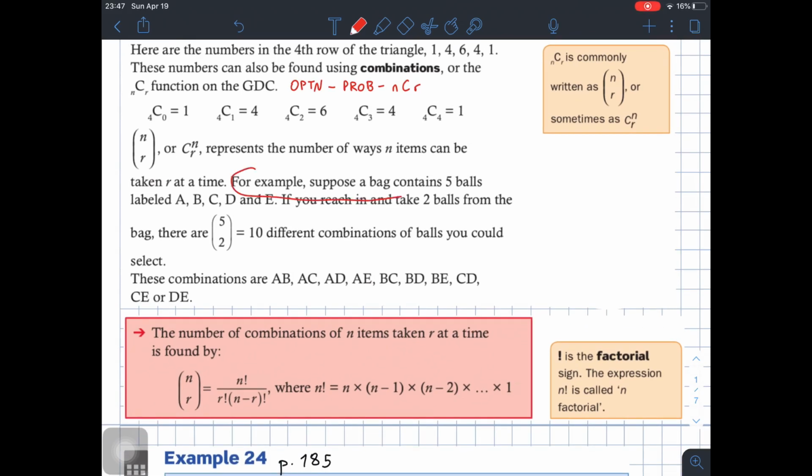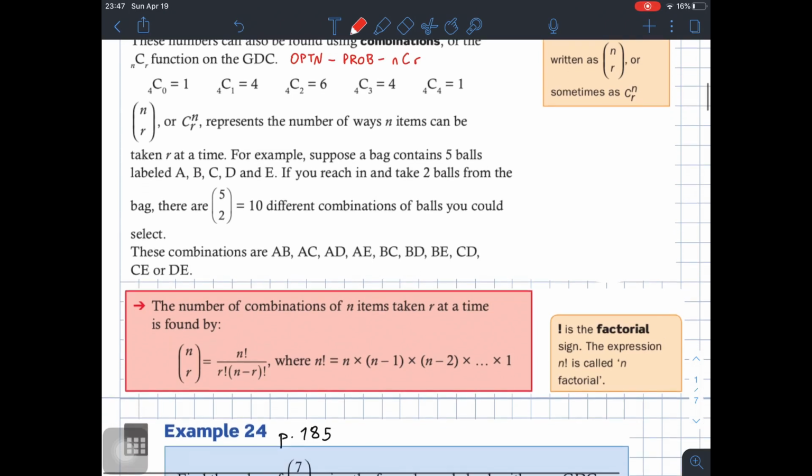It says, for example, suppose a bag contains 5 balls labeled A, B, C, D, and E. If you reach in and take 2 balls from the bag, there are 5 balls in total, and we're taking 2 balls from the bag. So there are 10 different combinations of balls you could select.